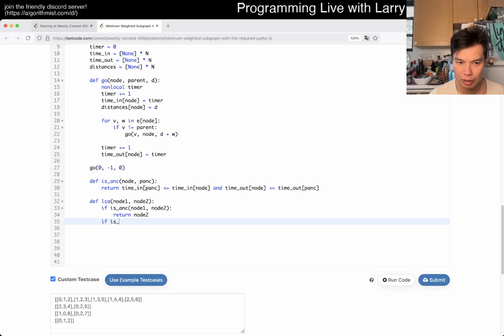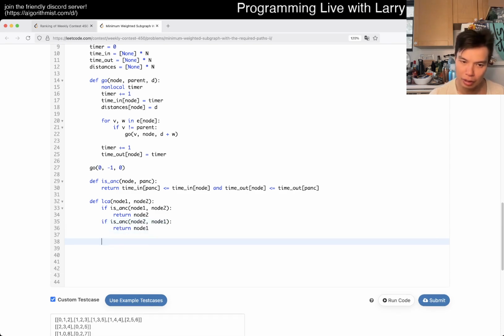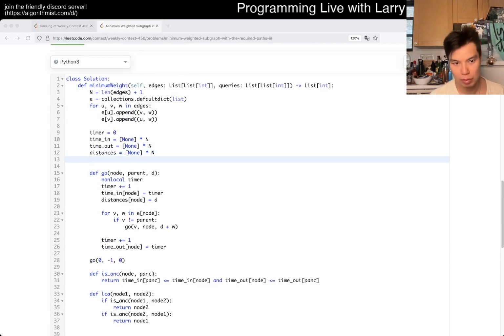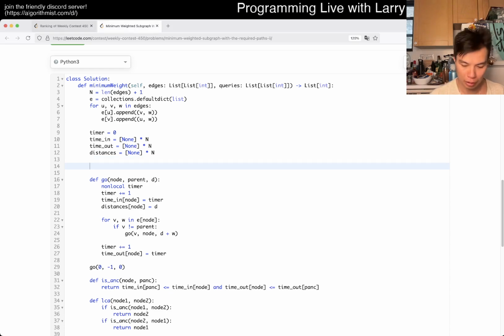If node 1, and this part I always struggle with. Oh, I didn't pre-process the nodes, right? So okay, how do I write this?